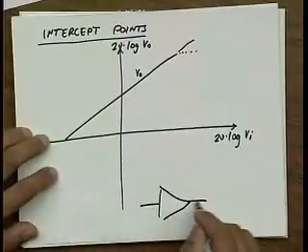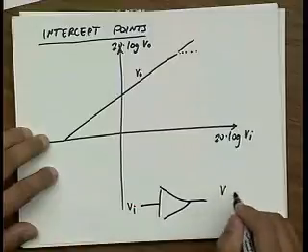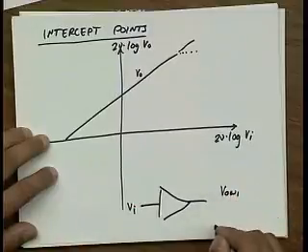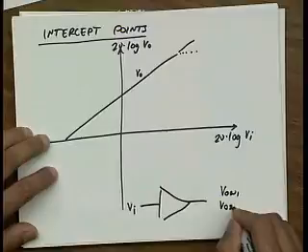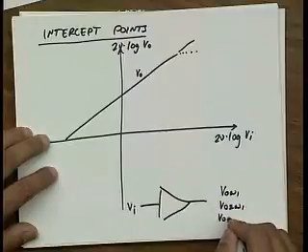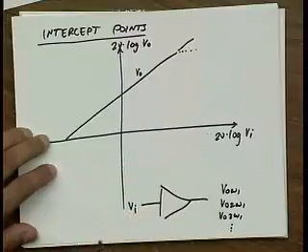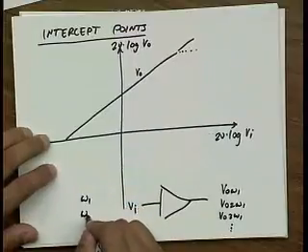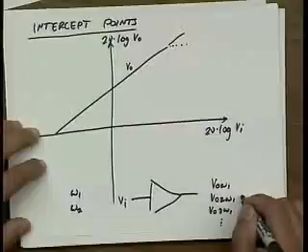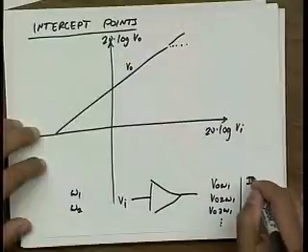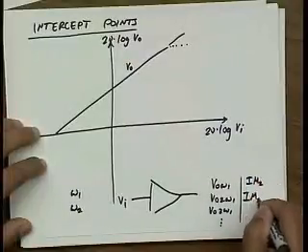So very simple. I put in my input, and I have my output at omega 1. I have my output at 2 omega 1, my output at 3 omega 1. If I add two tones, so if I have omega 1 and omega 2, I know that I also generate IM2 and IM3 products, right?